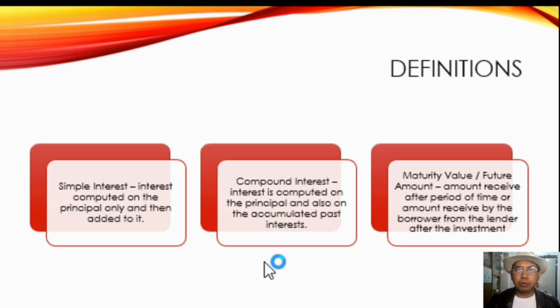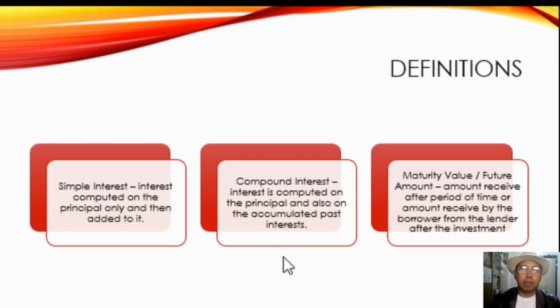In the first year of computation of the interest, you just multiply the principal and the interest. And so the interest would be 1,000 multiplied by 10%, so it will give you 100 pesos. So that is the first computation in the first year of the loan. So what would be the final amount after 1 year?